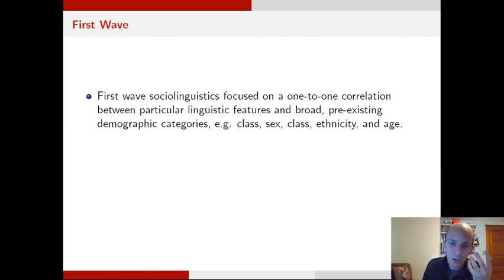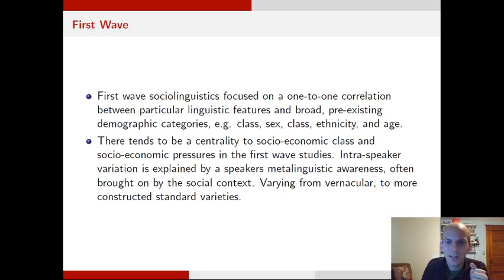And above all of those, the most important one that gets talked about a lot in these first wave studies is socioeconomic class. Socioeconomic class tends to be king. And people are really interested in how linguistic variation is split based on socioeconomic class.